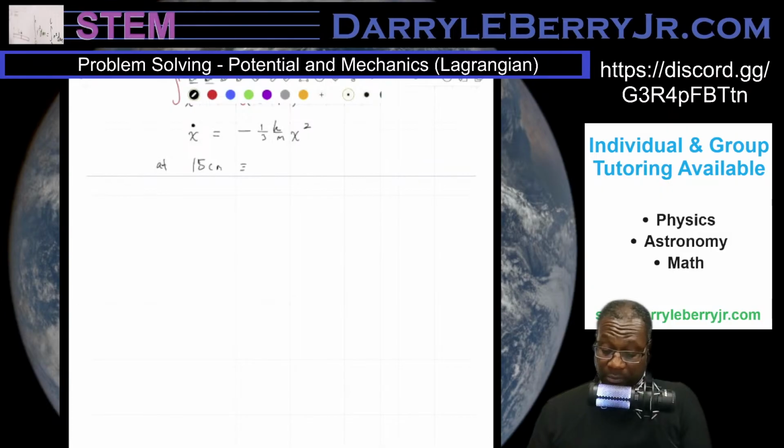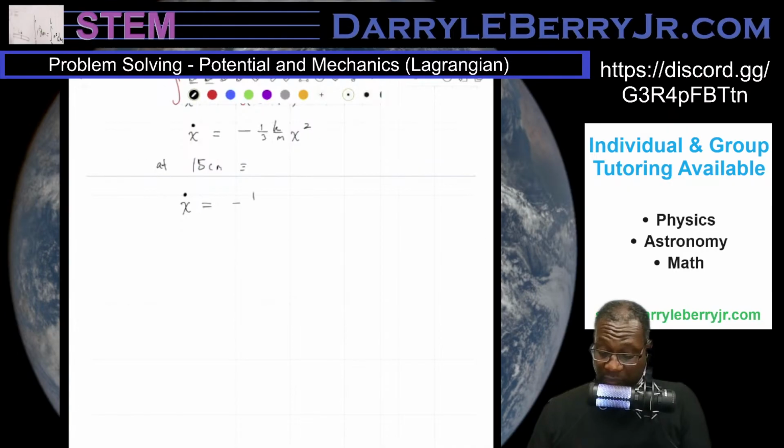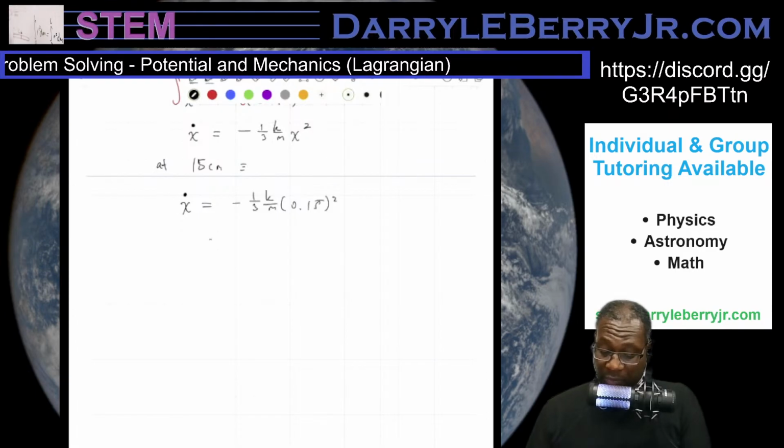I'll just pop it in. So x dot equals negative 1/3 k over m 0.15 squared, which equals negative 1/3.